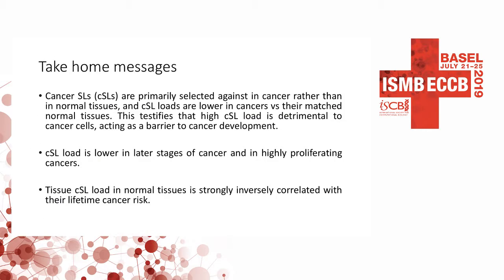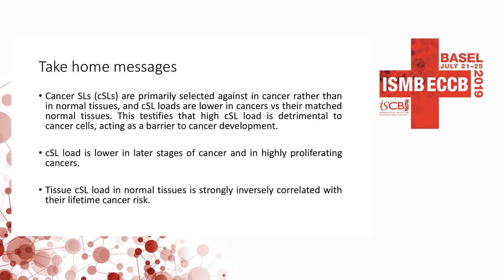So finally, the take-home messages are as follows. SL cells are selected against in cancer rather than in normal tissues, and they are lower in cancers versus matched normal tissues. This testifies that CSL load is detrimental to cancer cells and acts as a barrier to cancer development. We see that CSL load is lower in later stages of cancer.